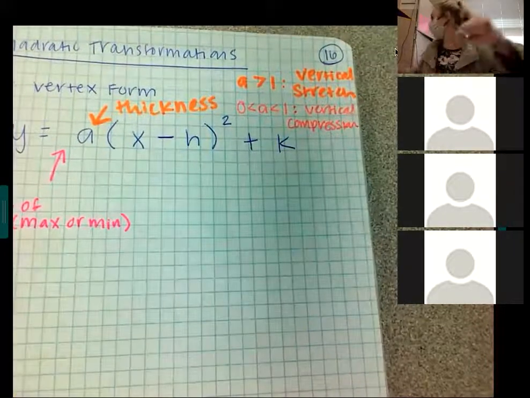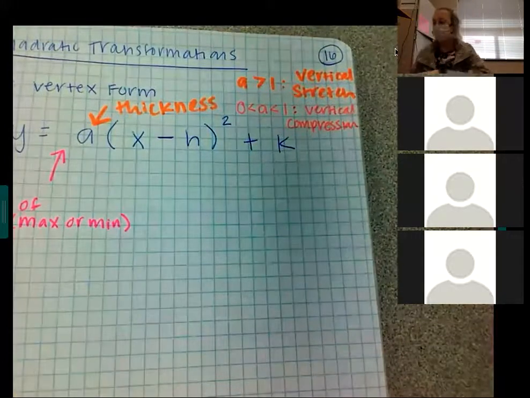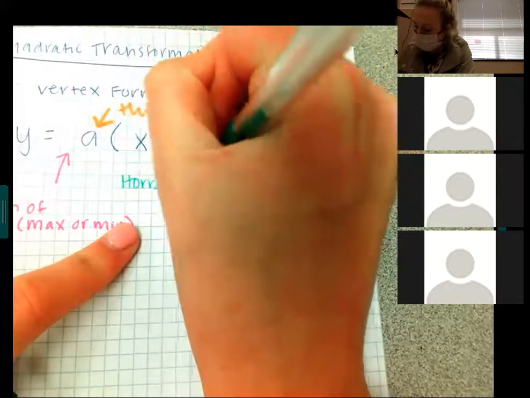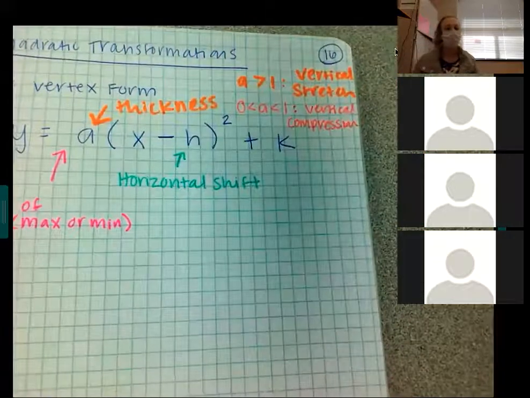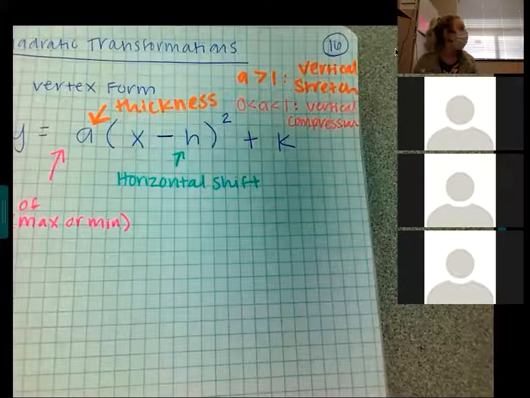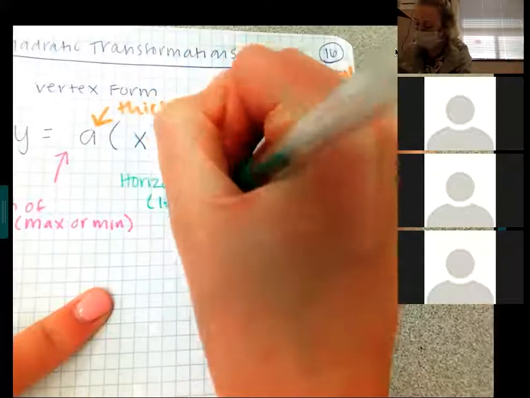So look, your X value, whatever's inside with X, tells you your horizontal shift. And then horizontal factors go left or right, right? So I'm going to put left and right.